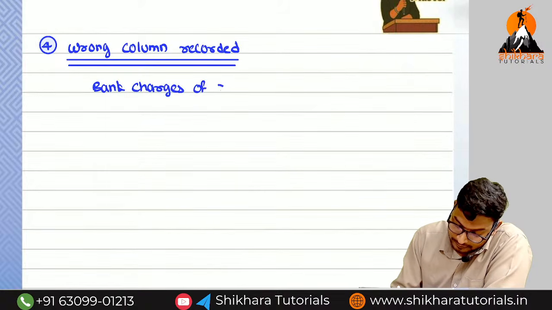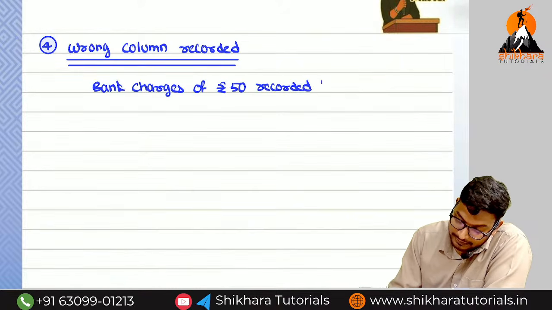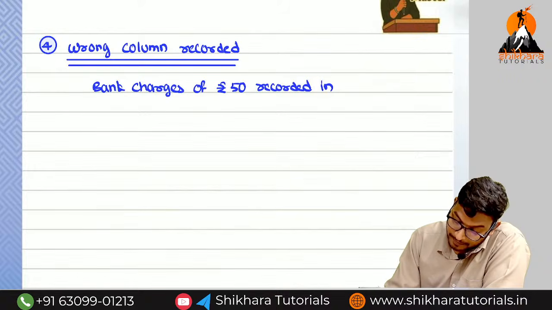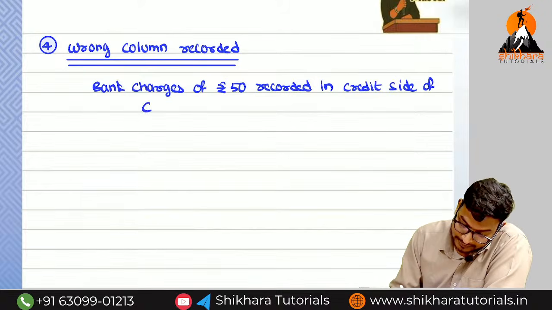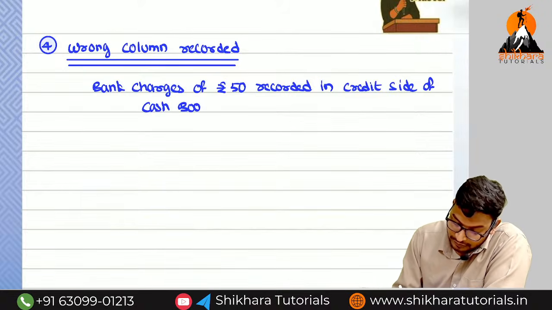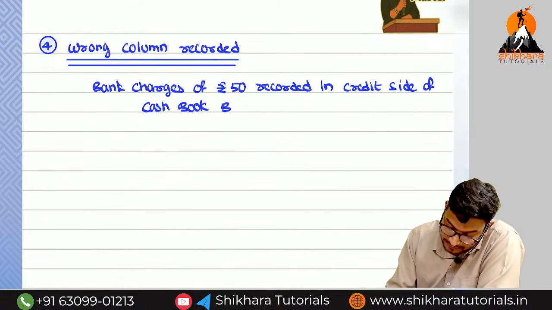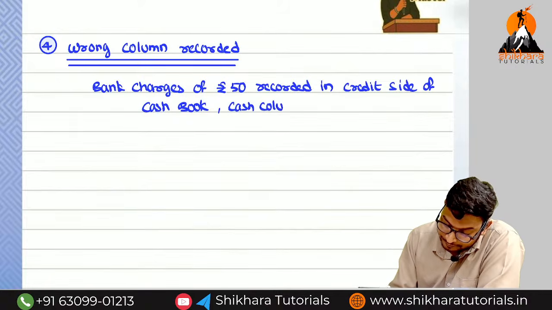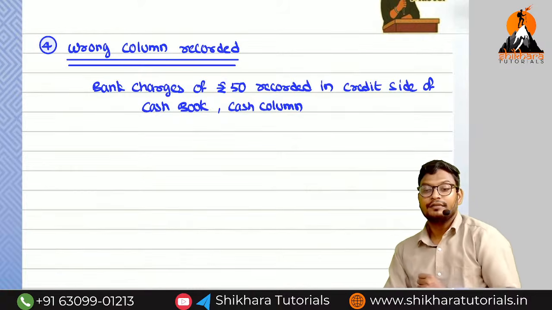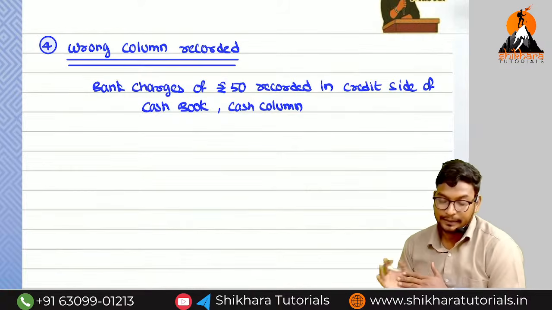Bank charges of rupees 50 recorded on the credit side of the cash book. Which column have they recorded in? They have recorded in the cash book, cash column. Normally, which column do we need to record in? We need to record in the bank.